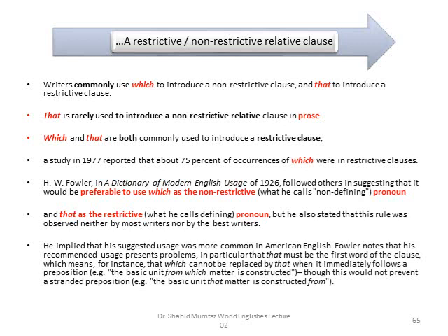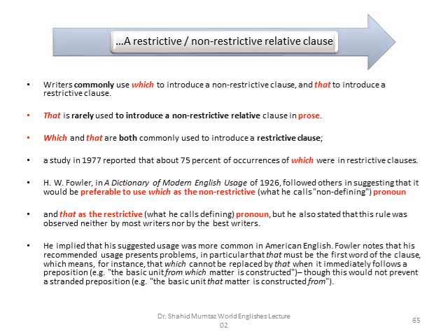That is rarely used to introduce a non-restrictive relative clause in prose. Which and that are both commonly used to introduce a restrictive clause.